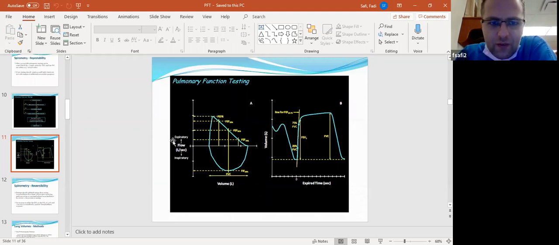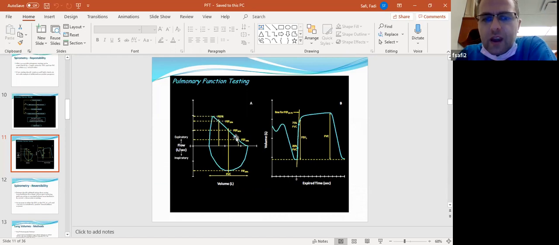Remember, this is the flow, liters per second. So this point maximum should be 14, but most people can get about 8, 10, okay? Now, after the peak expiratory flow rate, you have the exhalation, the non-forceful exhalation.